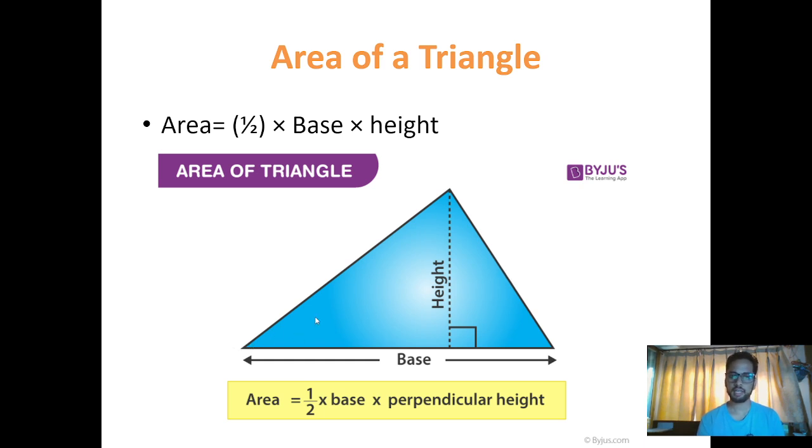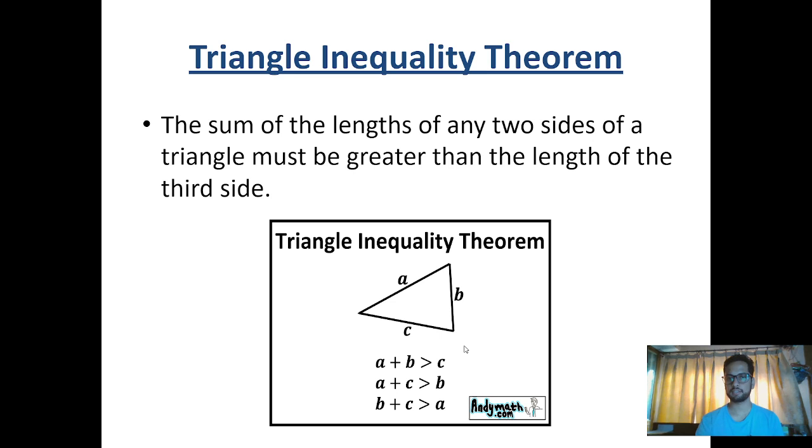This line goes from here to here, making a perpendicular with this side, and you know this side. So the formula will be the same: half of base, where the base is this side, and the height is the one perpendicular to this line. Similarly, in this case, it is equal to half of base into perpendicular height.